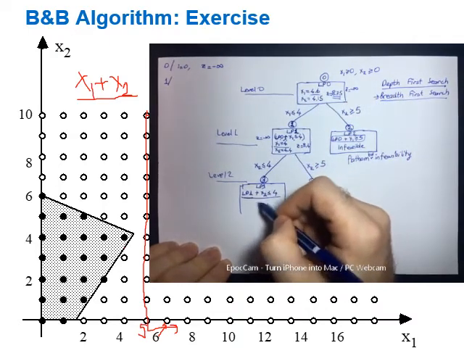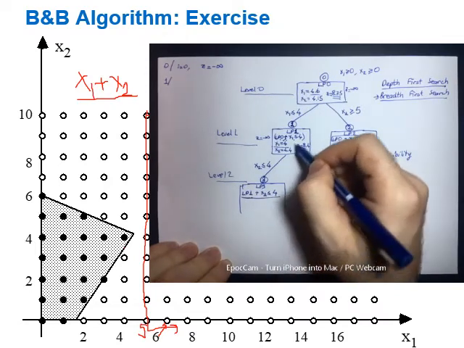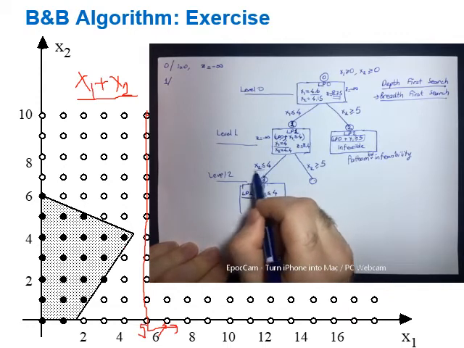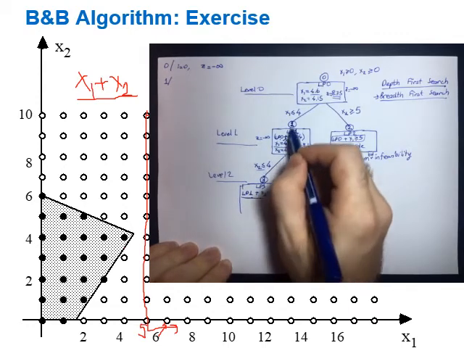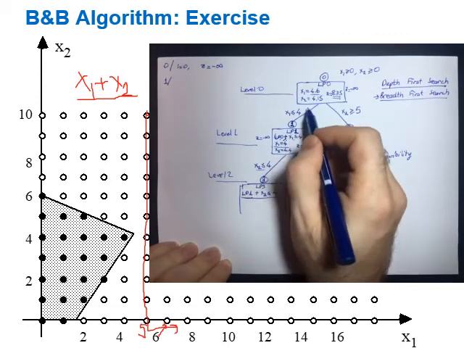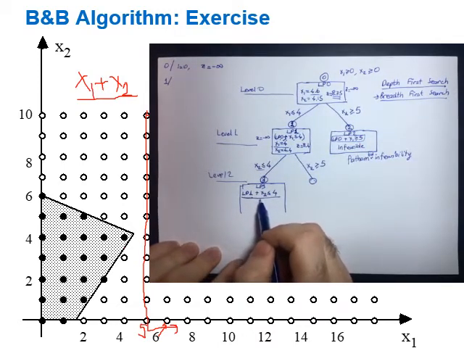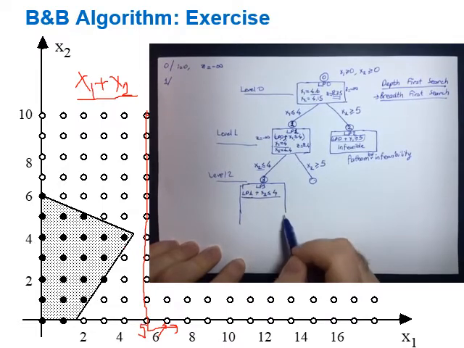From this branch up to the top, you follow the branch. We add this constraint at this step, and we add this constraint at this step. So all these constraints must be in this LP that I am solving in this branch.